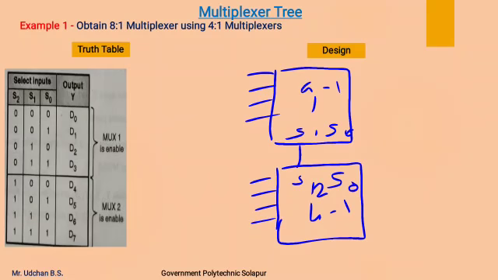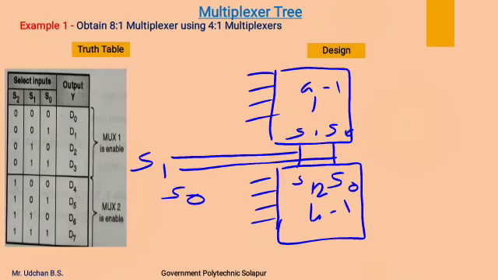I will short both the select lines with each other. S1 of the first and S1 of the second are shorted together, and S0 of the first and S0 of the second are shorted together. So this will make our S1 line, and this will be our S0 line.